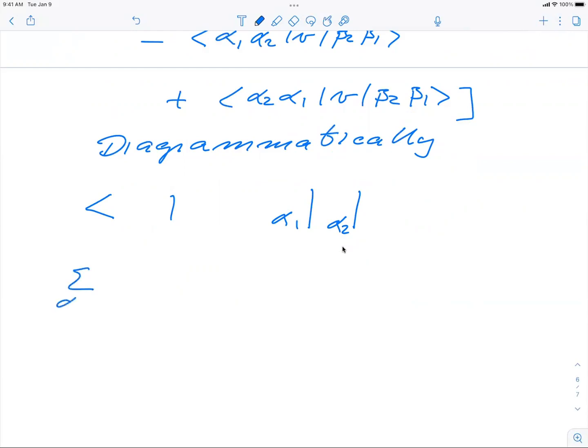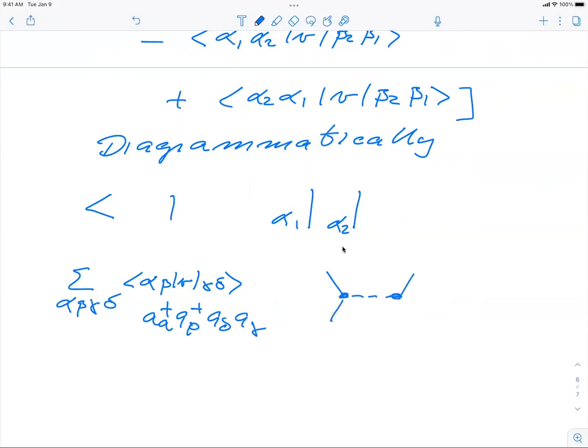So we have this alpha, beta, gamma, delta. And then we have this matrix element, alpha, beta, V, gamma, delta. And this is then multiplied with A alpha, A beta, A delta, A gamma. So this is the analytical expression which we have. Diagrammatically, what we have now is this piece here.